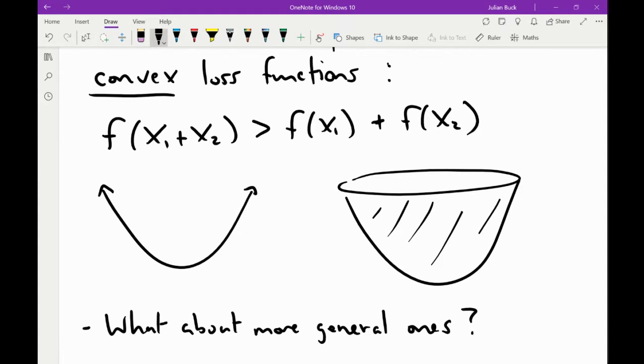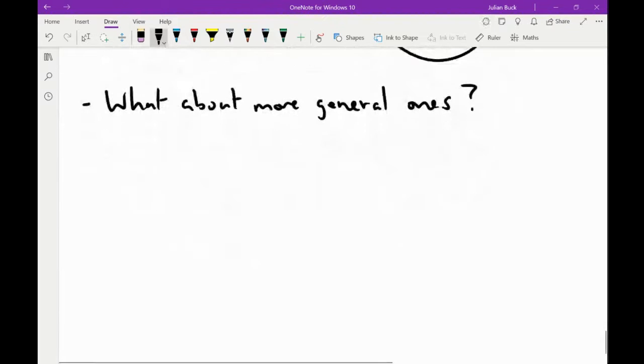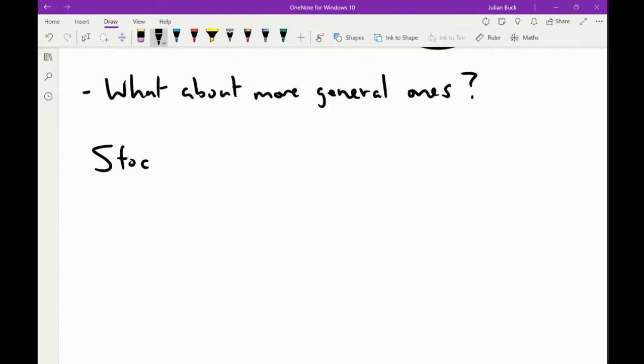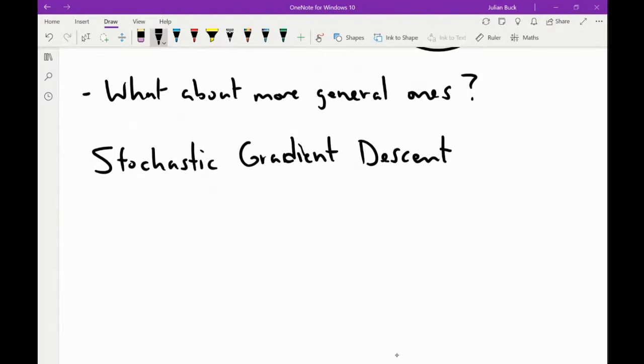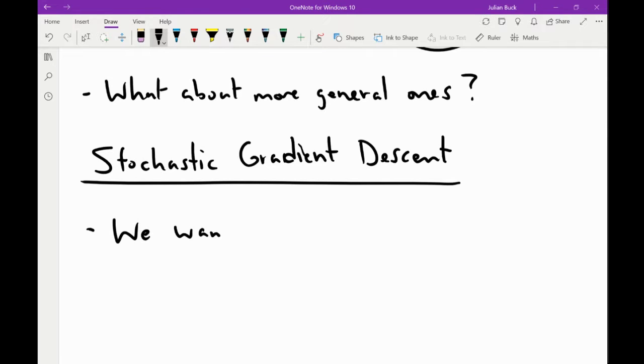So in that case, we have to introduce a technique that disrupts that structure. And this leads to the idea of stochastic gradient descent. So how do we disrupt structures?